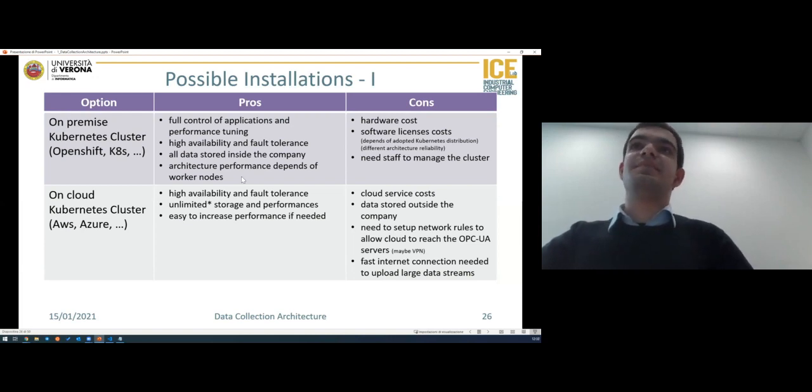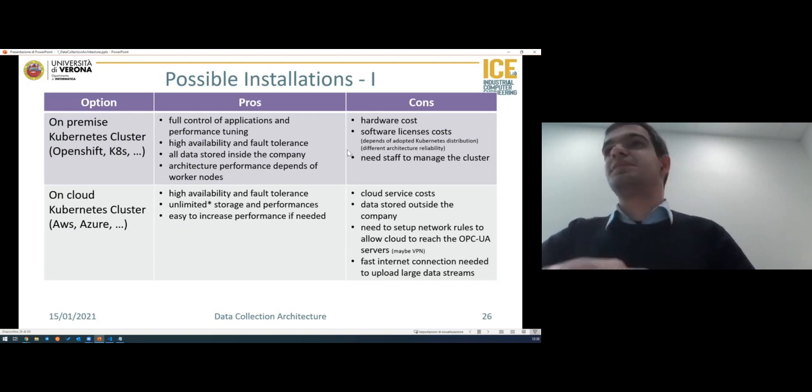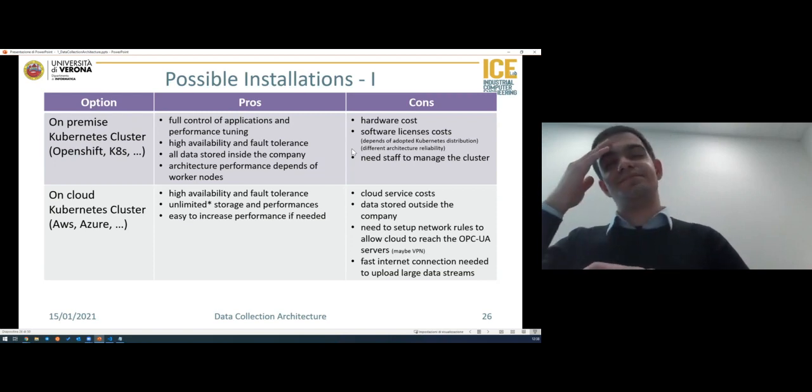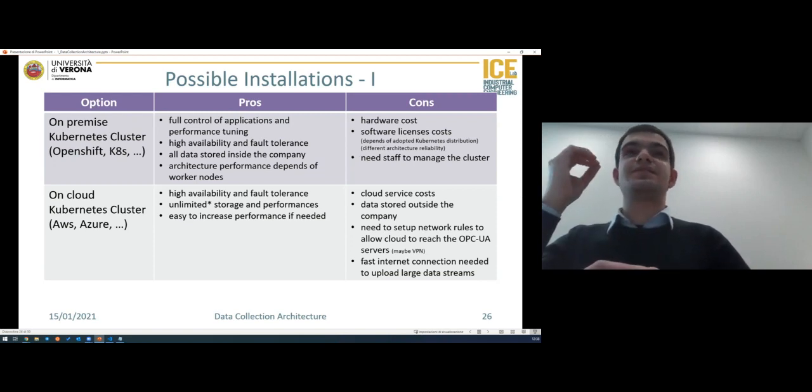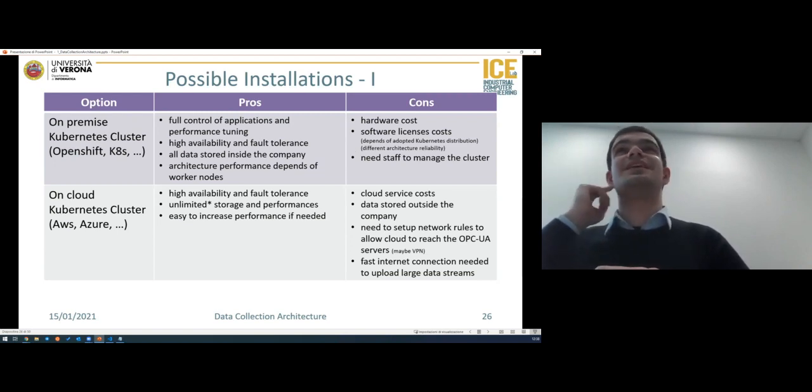And clearly, the performance of the entire system depends on the nodes. In fact, if we don't have enough processing power, clearly the system will be slow. The cons of this system are the initial cost of the hardware, clearly, and the possible cost of software licenses, which depends on the target of the installation.